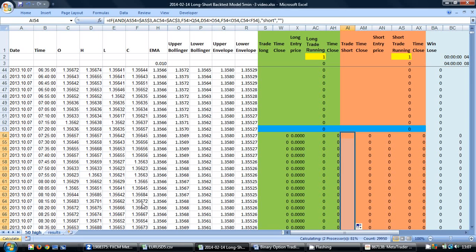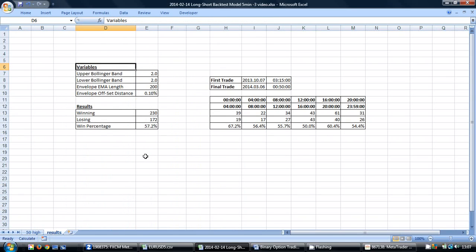Okay, while it's still chugging through here at the moment, I'm going to cancel this, and I'm just going to go on to the results here. I've already calculated it for this particular spreadsheet. As you can see, what I've got here is our variables. If we do want to change any of the variables, we can do so here.